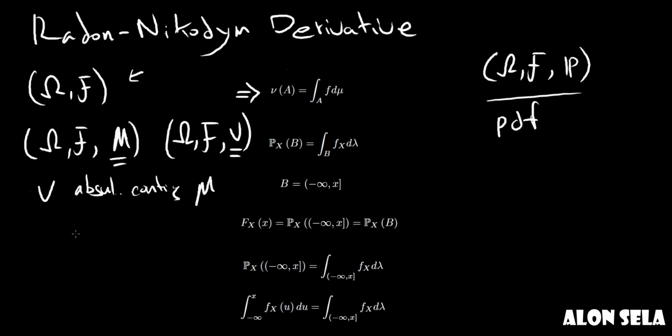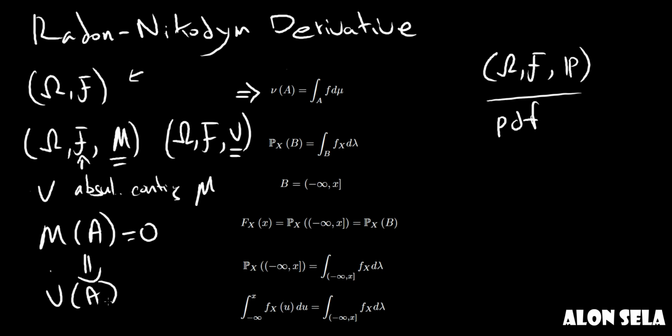It means that if we have some set from the sigma algebra, let's call this set A, and the measure mu gives this set A a measure of 0, then we want the measure nu to give it also a measure 0.